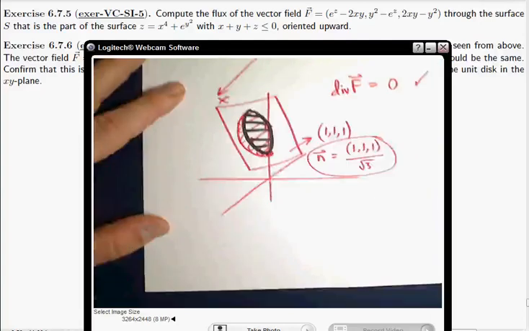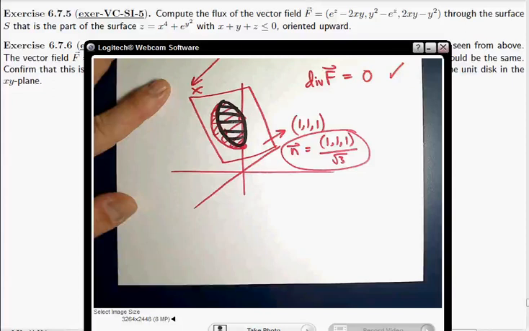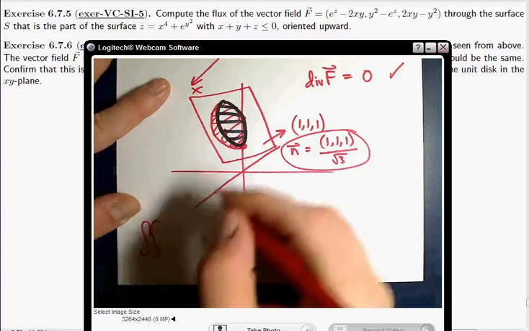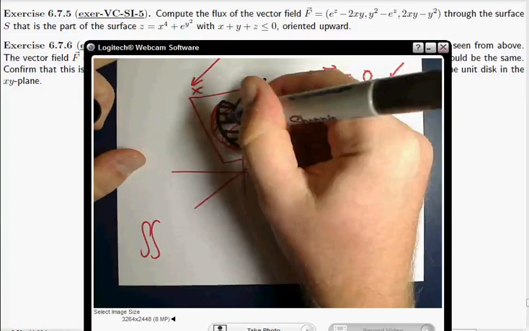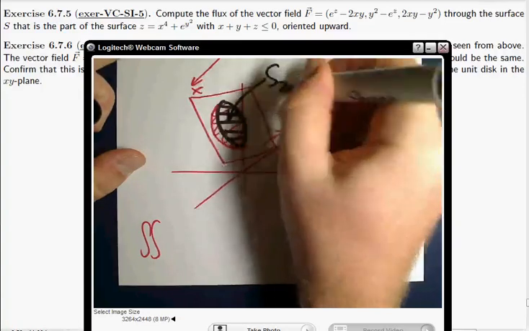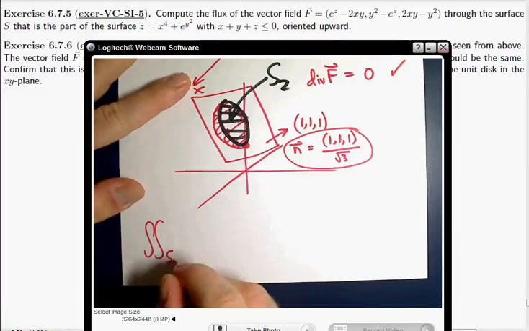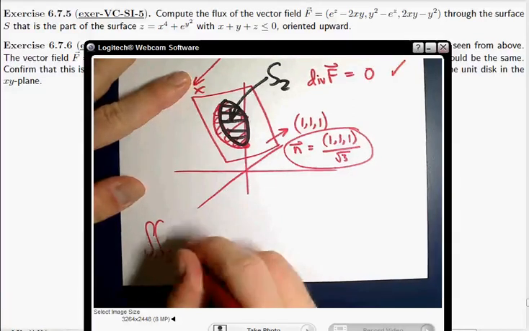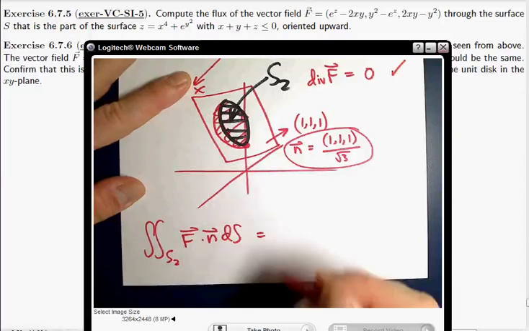So I can rewrite my flux. I've got a new surface, a nice, pretty surface, and let me call that surface S2. So flux through S2, F dot N dS.